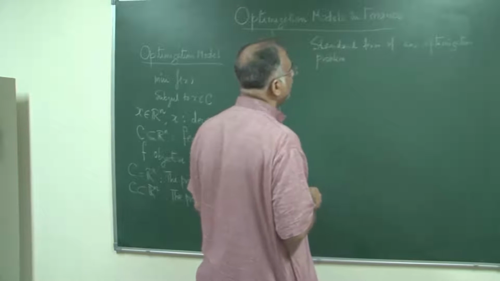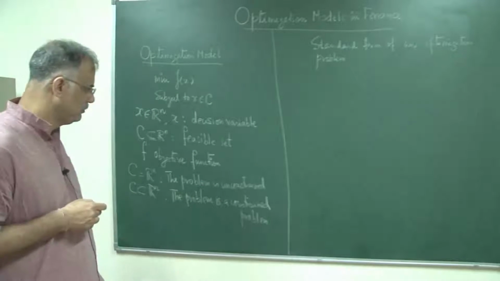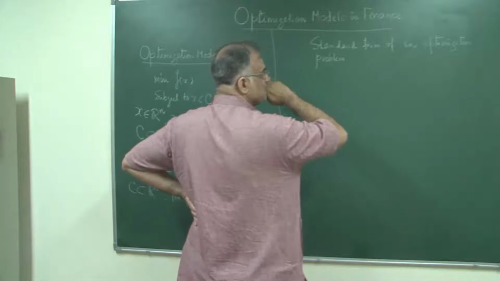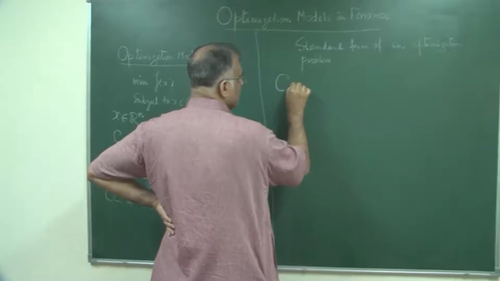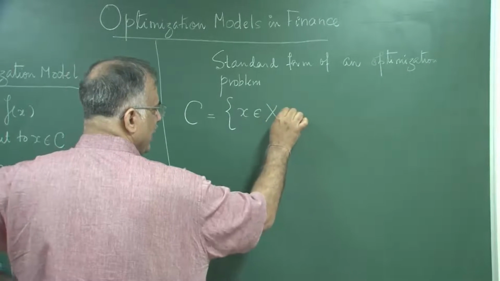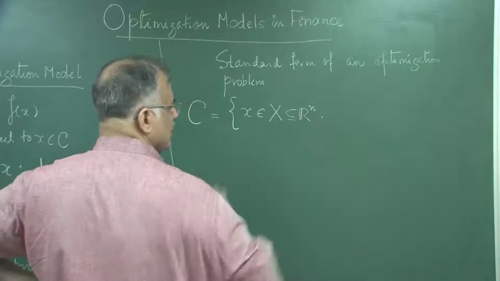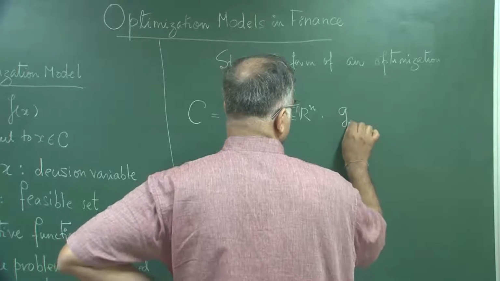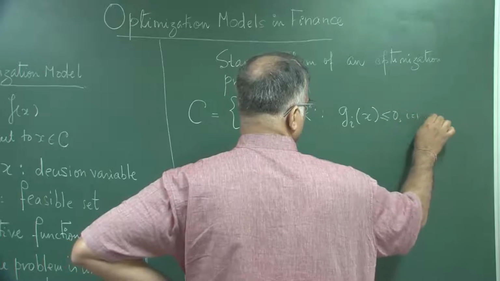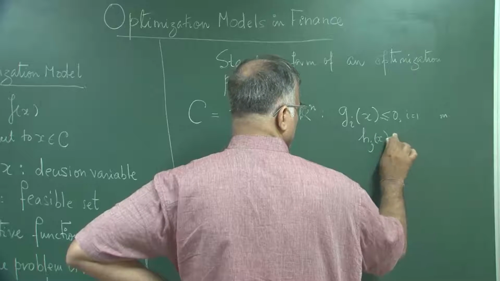So let us observe this. Now let me write down C as the set of all x in some capital X, which is a subset of R^n, such that g_i(x) is less than or equal to 0 for i equal to 1 to m, and h_j(x), so these are functions.